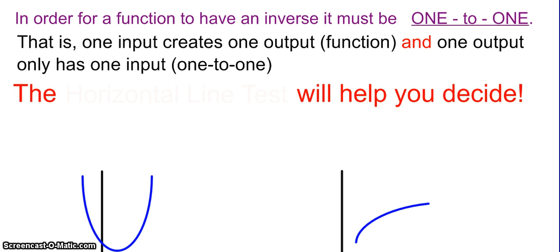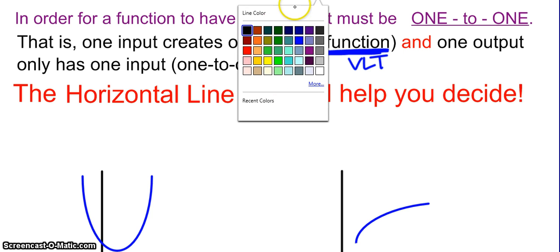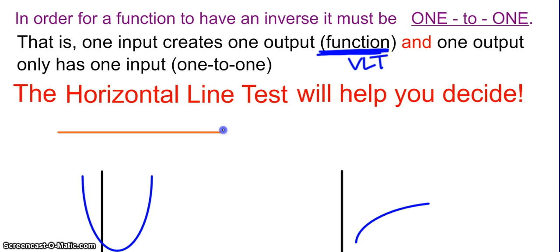So how do we test for one-to-one without actually having to plot points and think about the whole thing? Well, just like a vertical line test helped you to know if you had a function, this time to know if something is one-to-one, you can use the horizontal line test. So if I give myself a horizontal line, there we go.